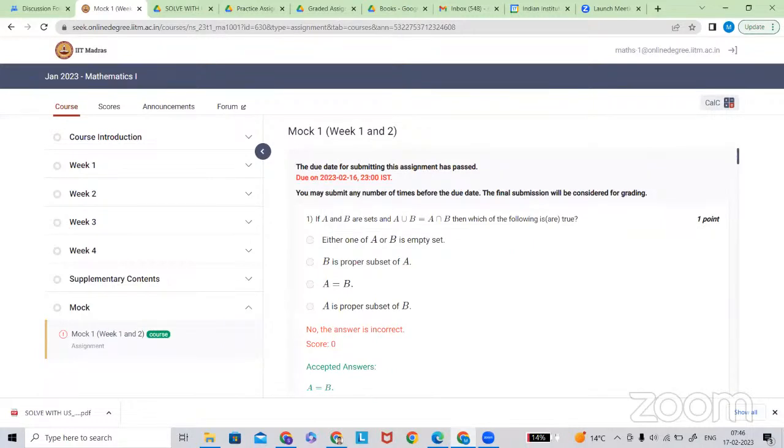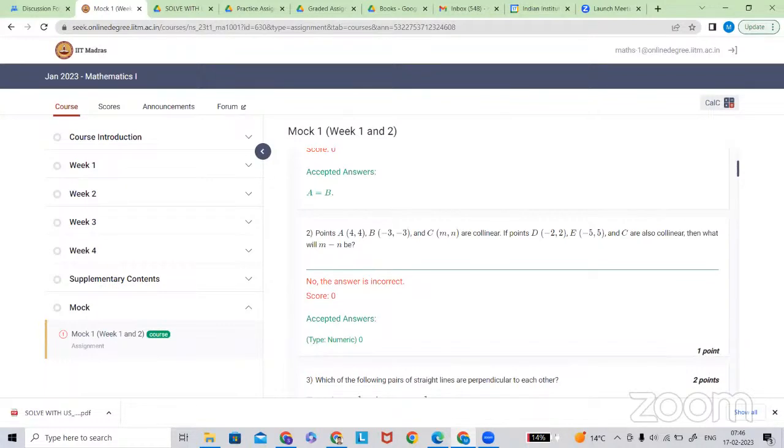If the points A (4, 4), B (-3, 3), and C (m, n) are collinear, and if the points D (-2, 2), E (-5, 5), and C are also collinear, then what will be m minus n?